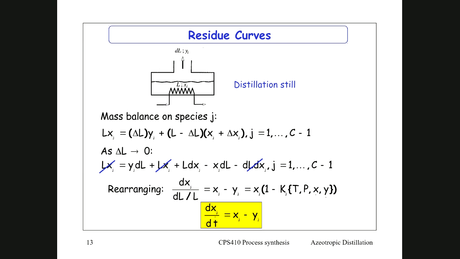Remember that in the following few slides, it's always going to be the composition of the residue that's important when we look at residue curves. So as we evaporate liquid from this system, the composition of the liquid will change, and that will follow a residue curve.